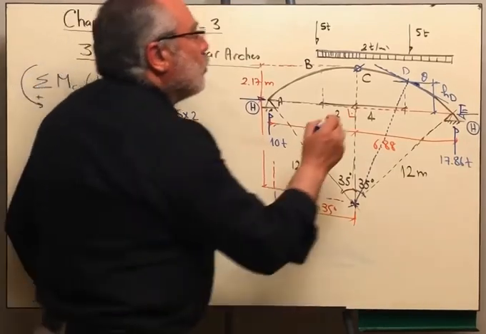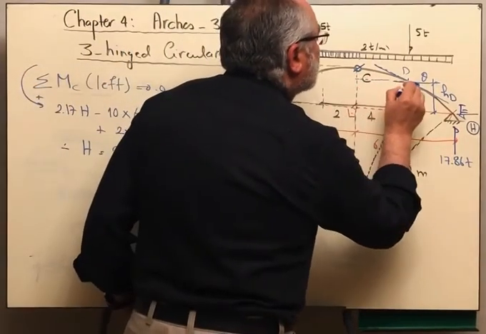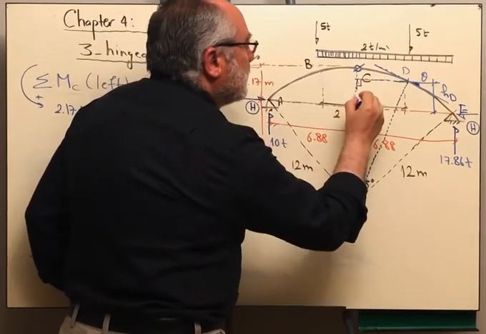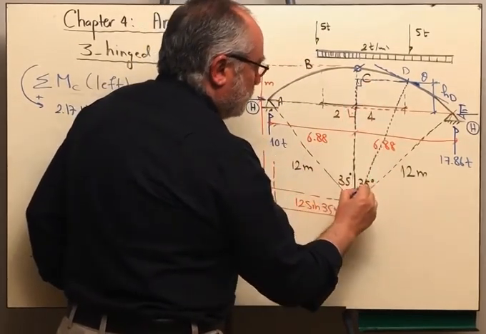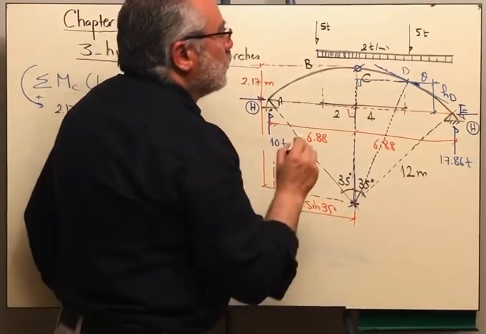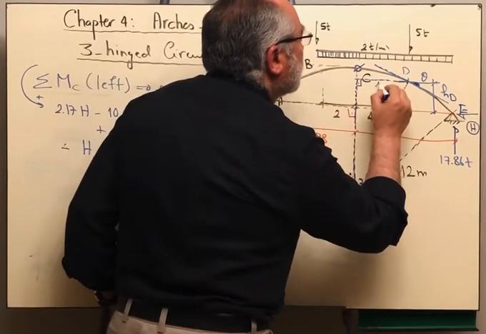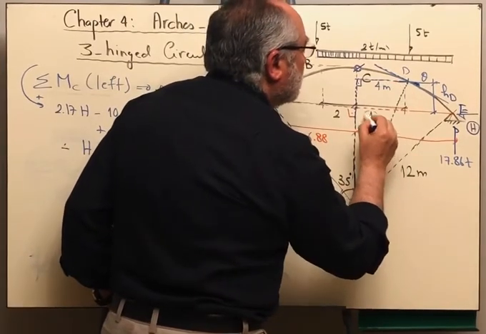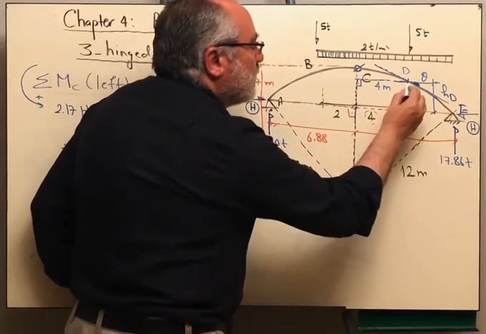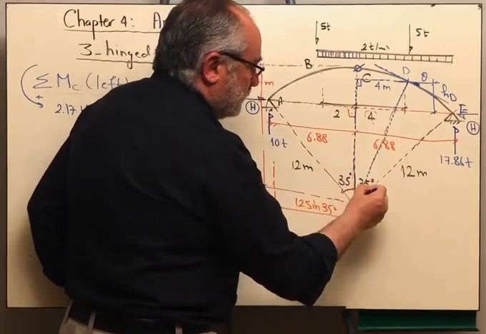What do we know about this triangle? This is a right angle triangle, where I know this width here is 4 meters. He gave me the 4 meters. The distance here is 4 meters, and the hypotenuse is 12.